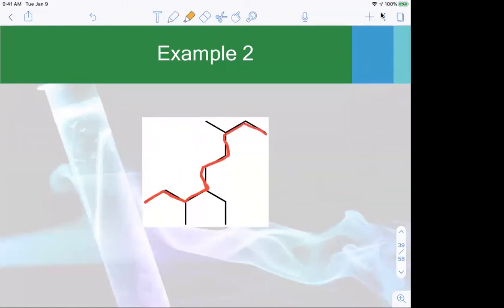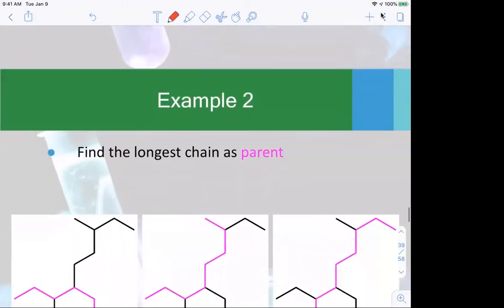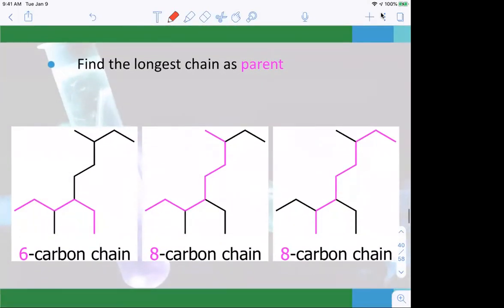You might think 1, 2, 3, 4, 5, 6, 7, 8. You might go in these different directions, right? But what you want to come back to is always pick the longest carbon chain. So for example, I could have a 6 carbon chain, an 8 carbon chain, an 8 carbon chain. Well, these are tied. So which one do I pick?